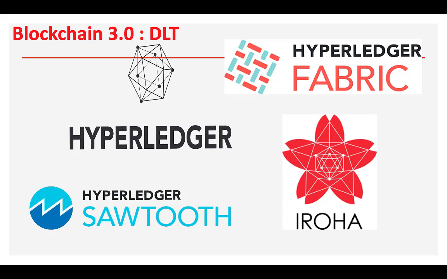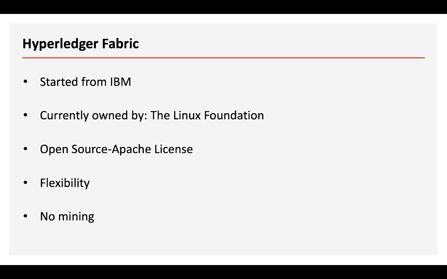So DLT, or distributed ledger technology, is often distinguished from blockchain, even though it's kind of like an advanced version of blockchain, and Hyperledger is one such example. It started from IBM, but currently it's a consortium owned by the Linux Foundation, and it uses an open source licensing model. It is flexible and there is no mining.